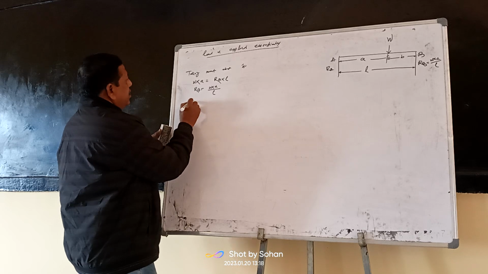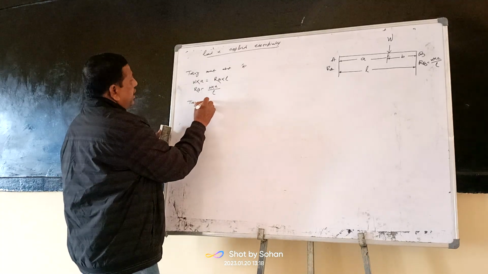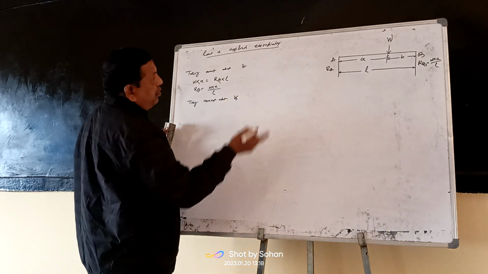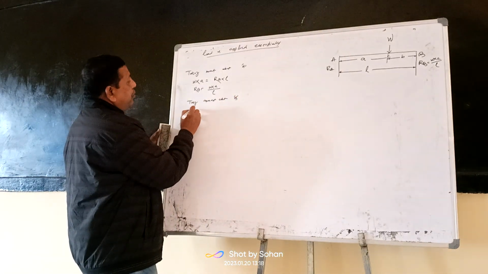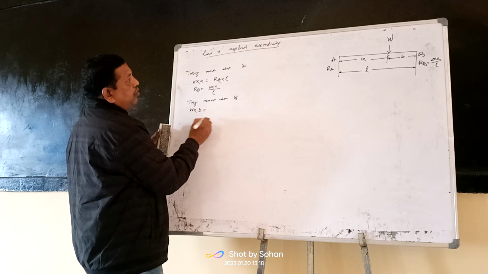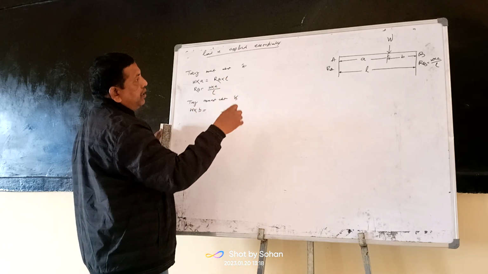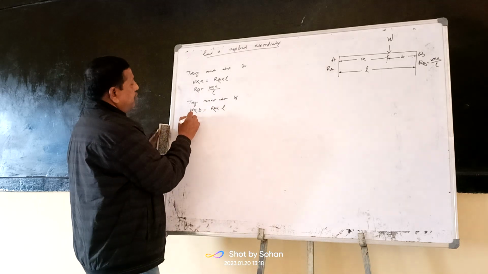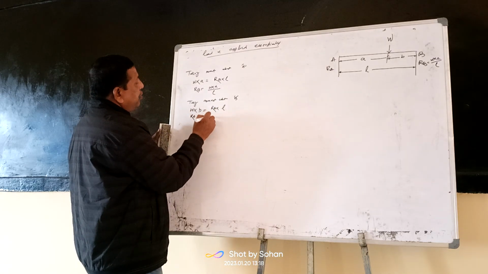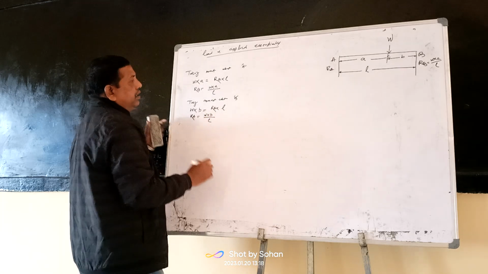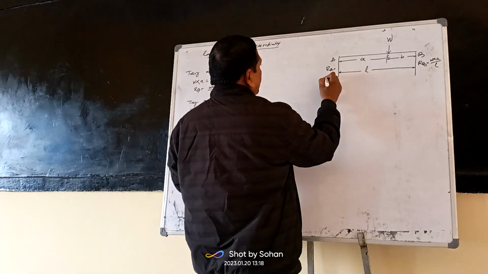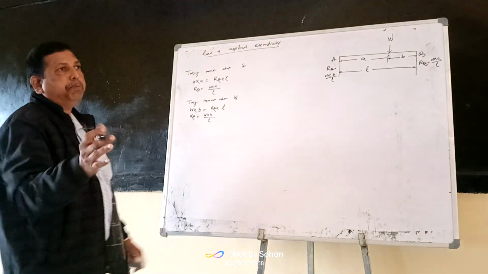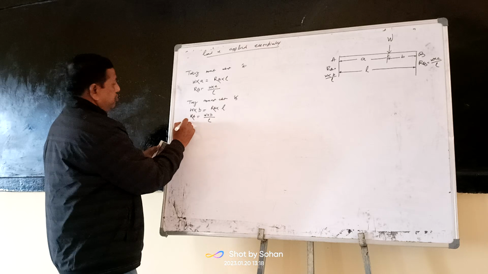Then we are taking moment about B. So W into b is the anti-clockwise moment, and the clockwise moment is RA into L. So RA is equal to W into b by L. These are the reactions at A and B. Then we have to calculate the shear force.